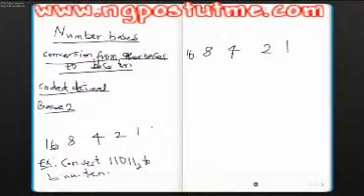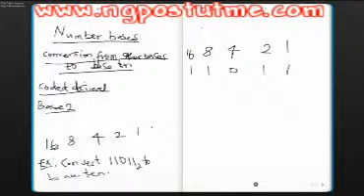Okay, converting this, the first digit is 1. I place it under the first code. Second digit is 1 under the second code. 0 is the next digit under the third code. Then the next digit under the next code, and the next one under the next one. Now what do I need to do?